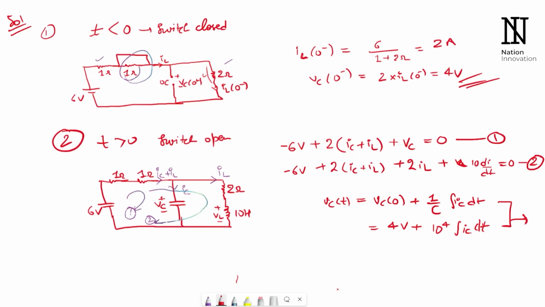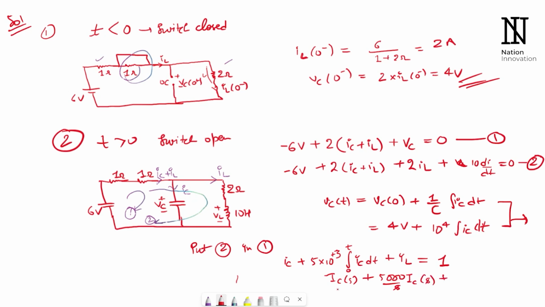Now from the two equations, if we put the value of the second equation into the first, what we will get is IC plus 5 kilo times integration of IC dt plus IL equals 1. If we change this equation into Laplace transform, we get IC(s) plus 5000 by s times IC(s) plus IL(s) equals 1 upon s.